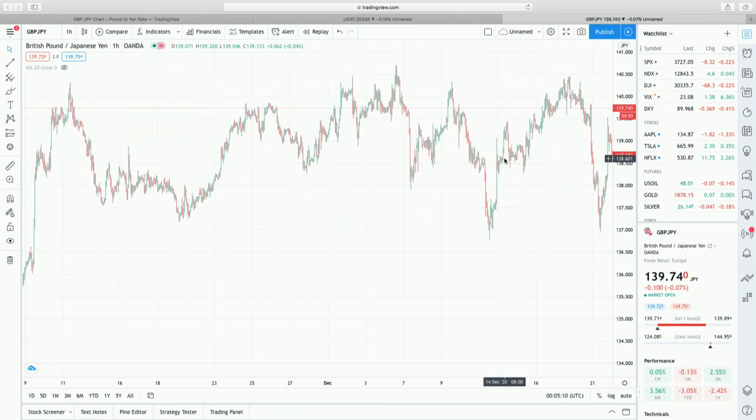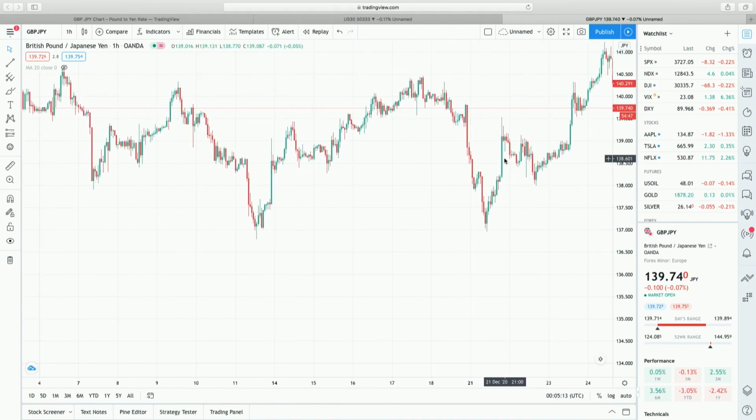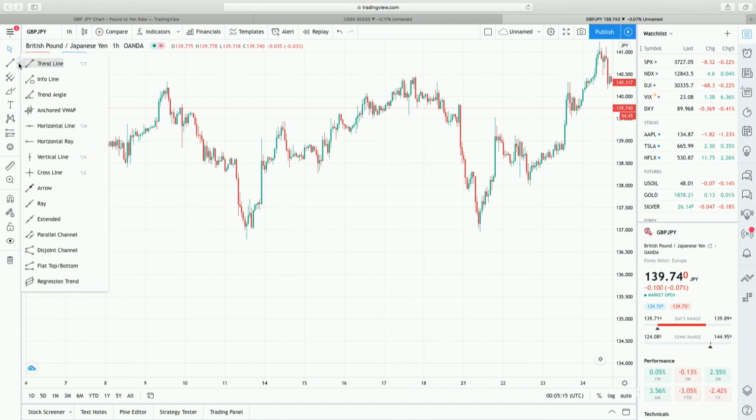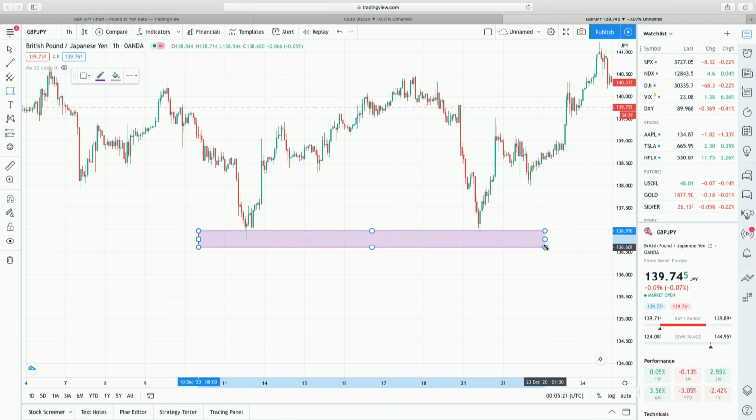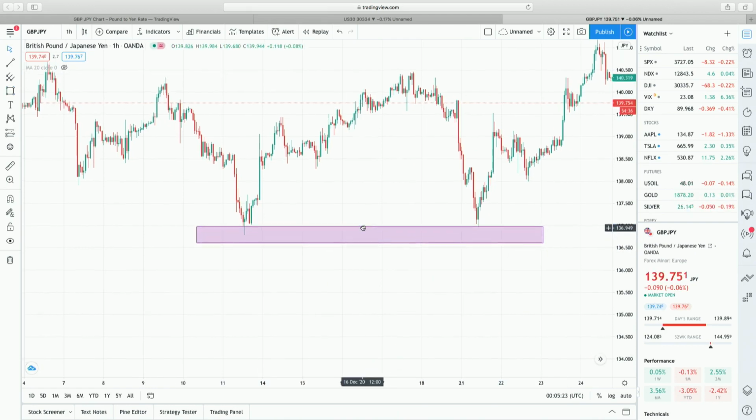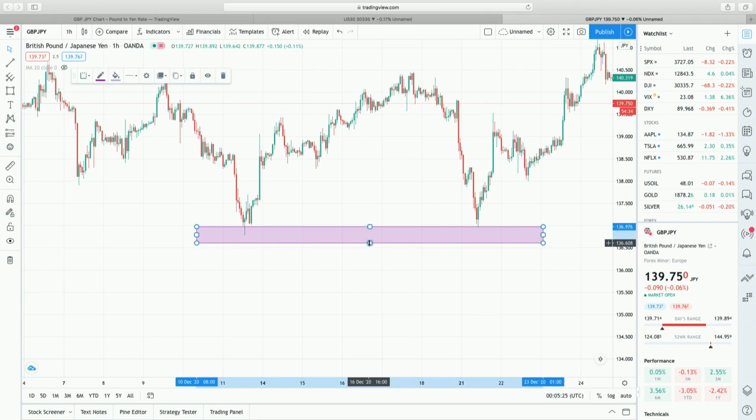This is going to be an area of supply and demand. So what you do is get that rectangle. What I like to do is draw a rectangle in that area, so that when I see price touch that area, it reminds me that this is a supply and demand zone.